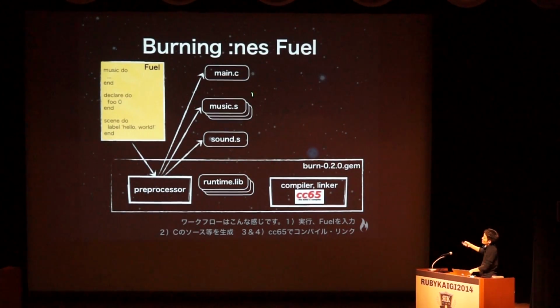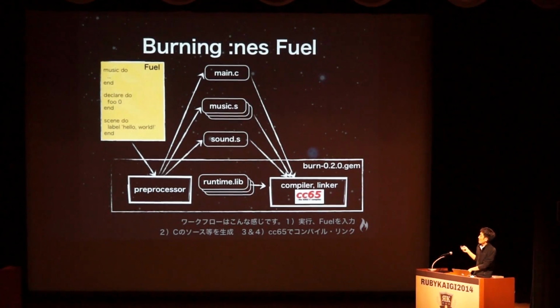And actually, you can see that there is a C file. So actually, Burn creates the C file as intermediate language. Okay, and the other .s files are some assembly language files. Also, this lib is the library file to compile and link these objects.